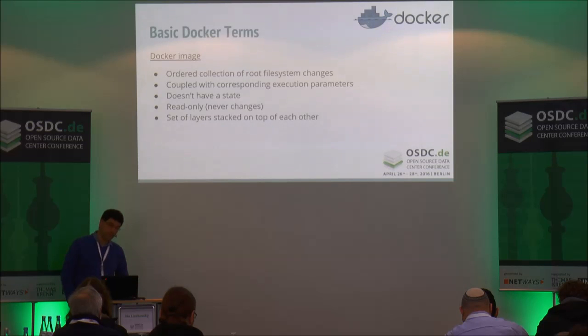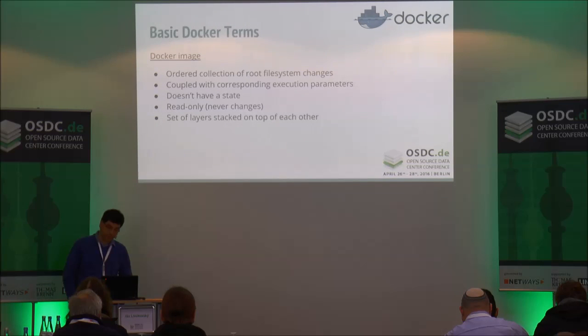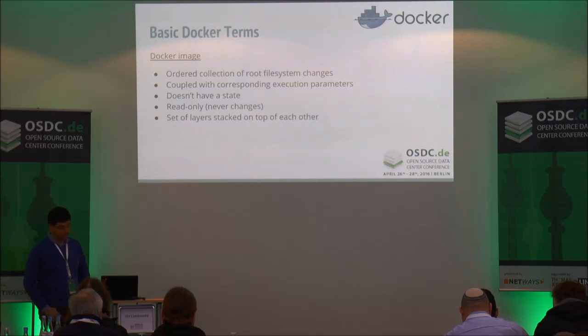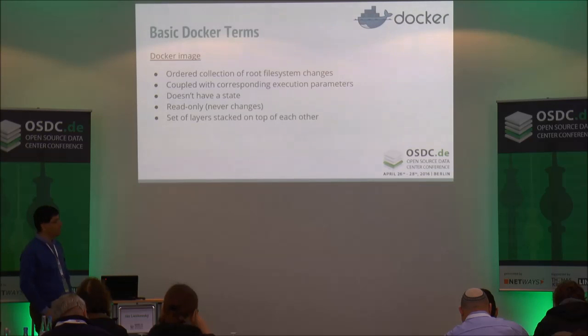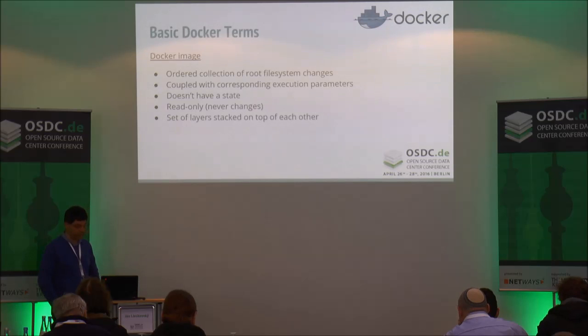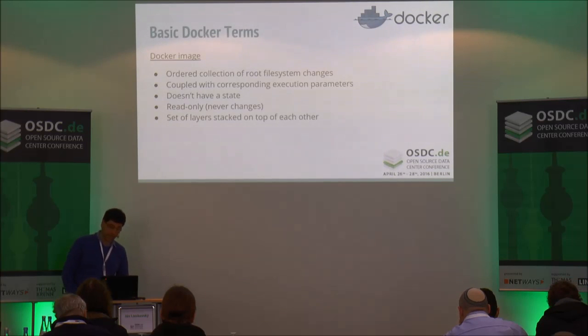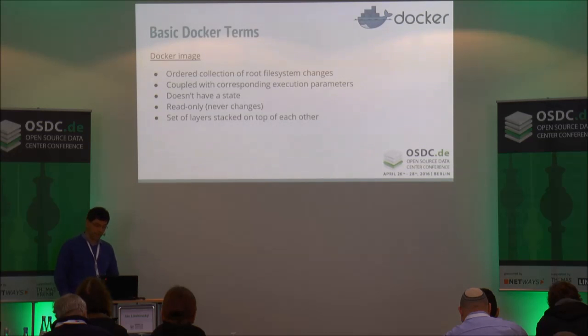Some basic terms: we need to distinguish between a Docker image and a Docker container. A Docker image is basically a collection of root file system changes. What's important here is that it's a read-only image. It doesn't have a specific state. It's basically a set of a couple of layers placed one on top of the other.